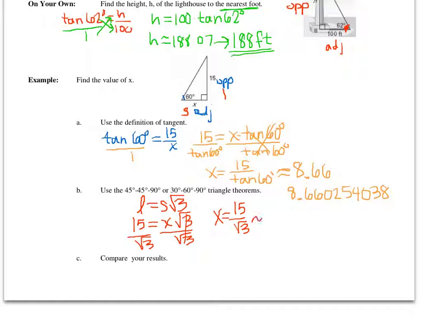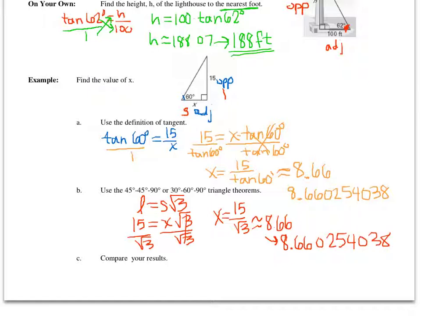And if you do that, you'll find you get about 8.66, which looks like it's the same as the one up above. But let's write out the entire number from our calculator. If you write out your entire number, you get 8.660254038.